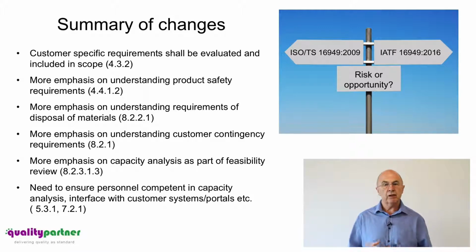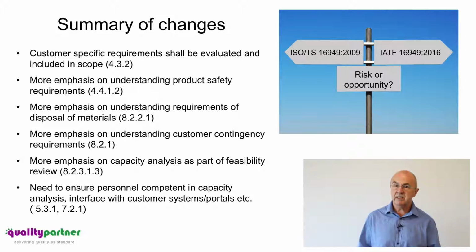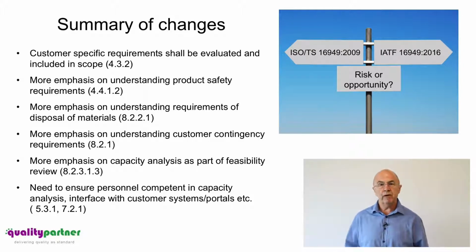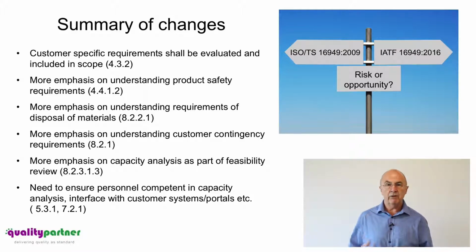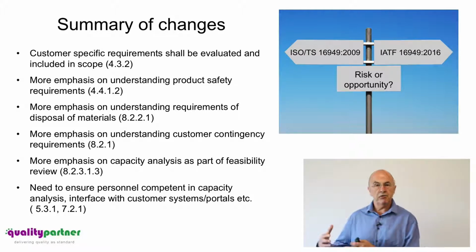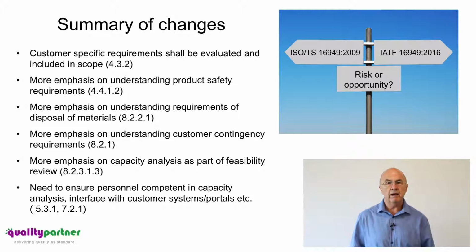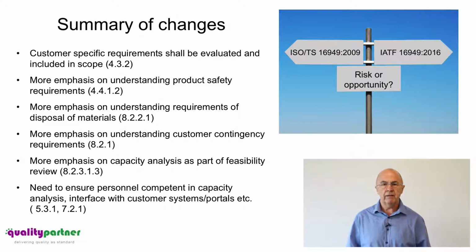We need to understand the risks before we quote to manufacture that product, understand all the potential safety concerns that could be affected within that product, and how we would propose to control safety within our product realization process. So it's not new, but there's more emphasis on product safety.